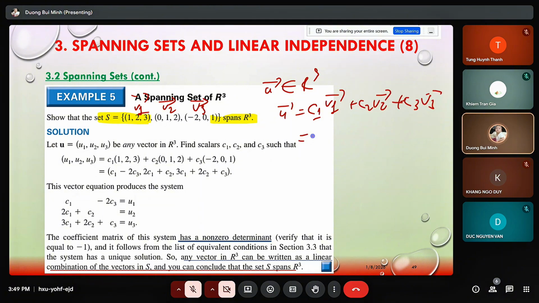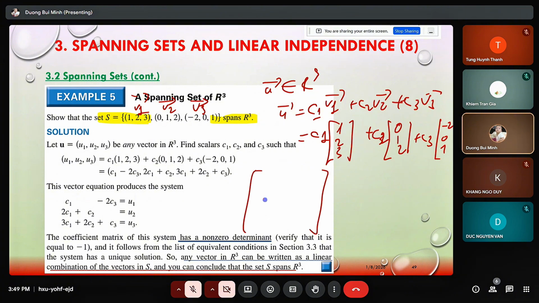You can get C1 times (1, 2, 3) plus C2 times (0, 1, 2) and C3 times (-2, 0, 1), right? So you get the coefficient matrix: 1, 2, 3; 0, 1, 2; -2, 0, 1.